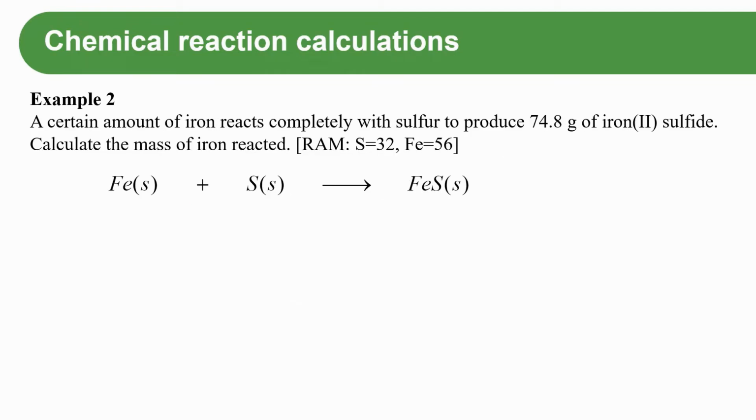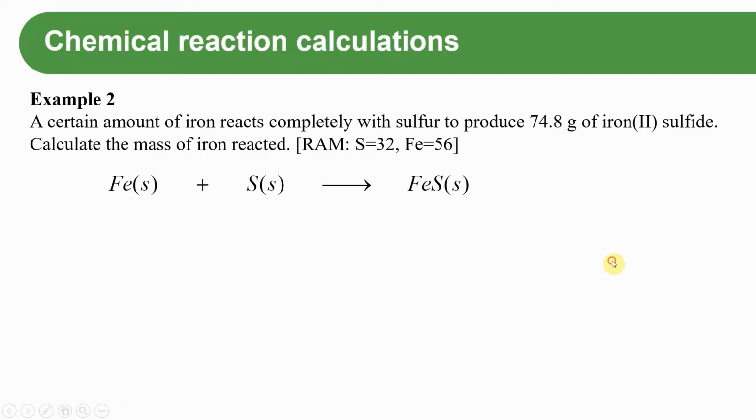For the second example, the mass of the product is given. The mass of iron sulfide is 74.8 grams, and we are to find the mass of iron reacted. So it is tracing backwards to find the mass of the reactant, but the underlying concept is the same, which is to find the mole and compare the mole ratio.